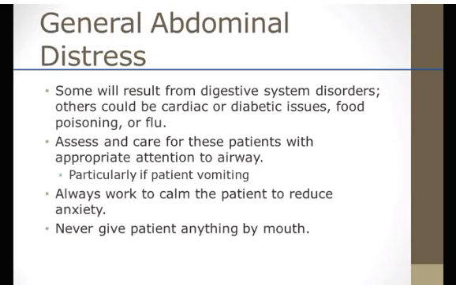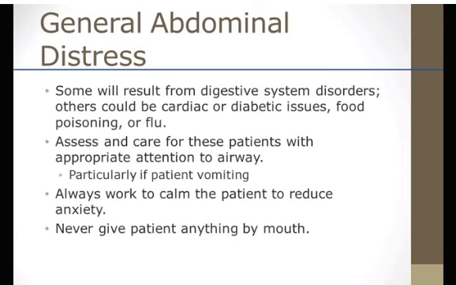Okay. So some of our abdominal distress is going to come from our digestive system. As we talked about, we could have diabetic issues, we could have cardiac issues, we could have food poisoning, we could have the flu. Lots of things that can play into this. We could have other types of poisoning that would play into this as well.